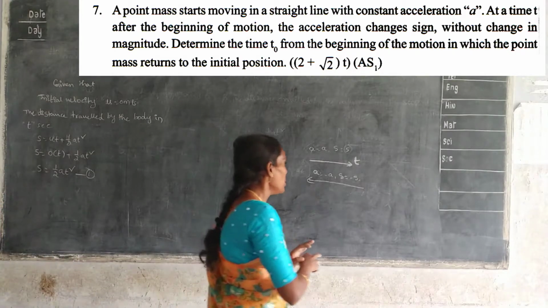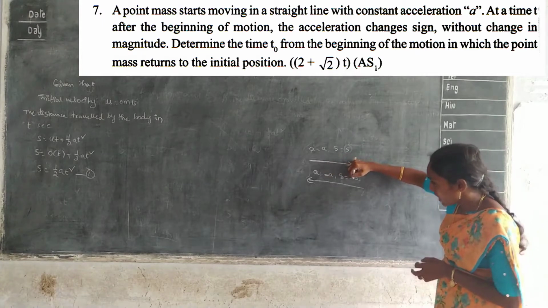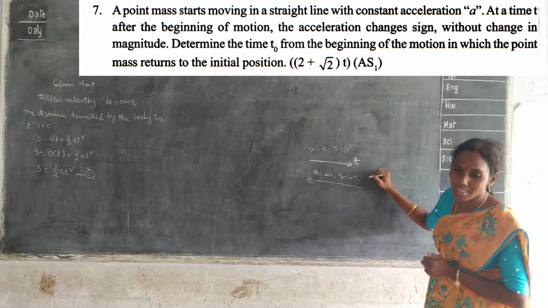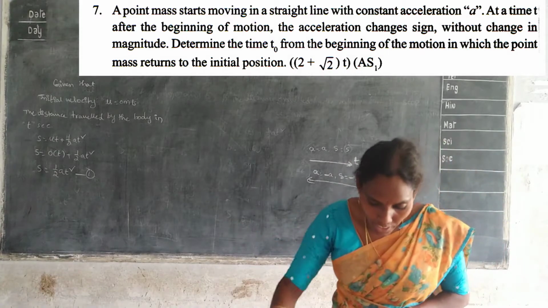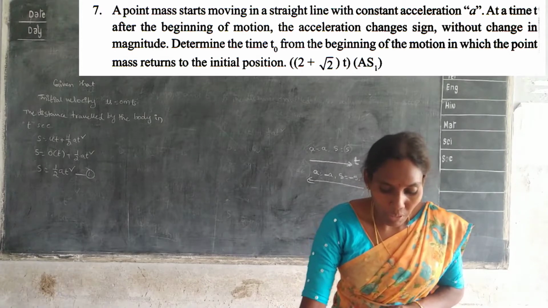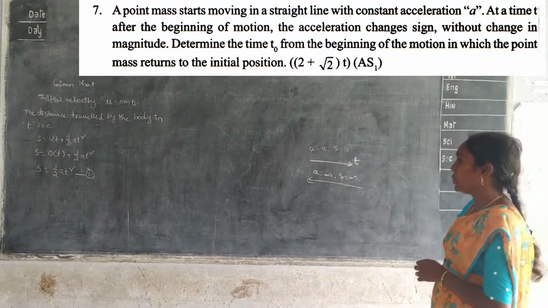After some time, the body changes its direction. That means a becomes minus a and s becomes minus s. Determine the time t naught from the beginning of the motion in which the point mass returns to the initial position.